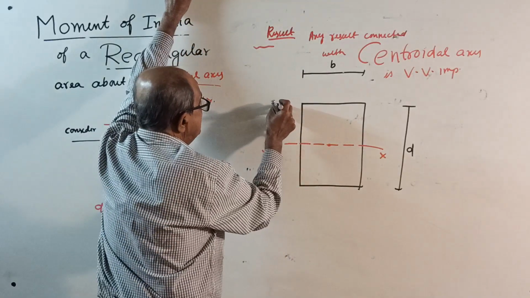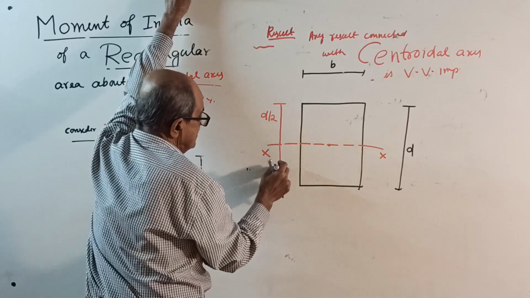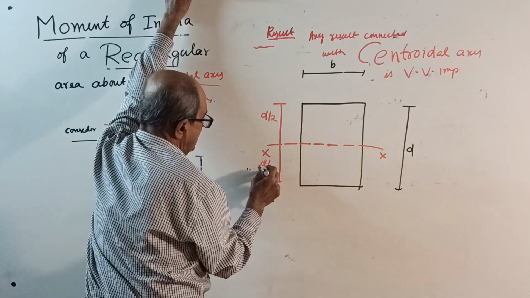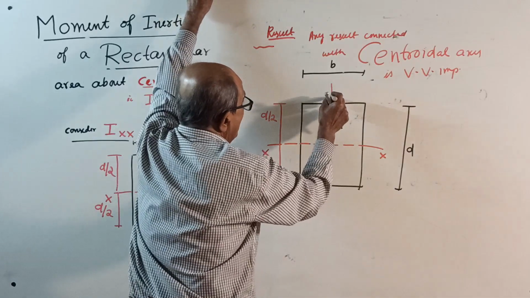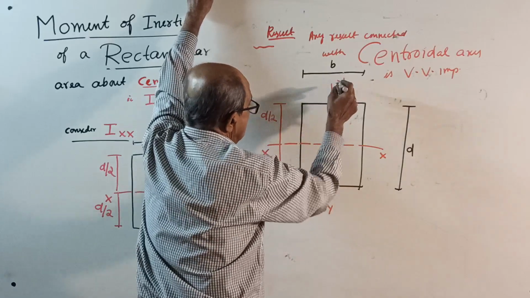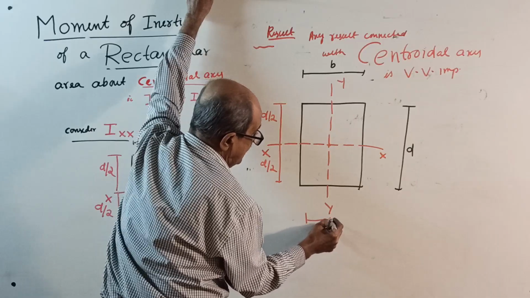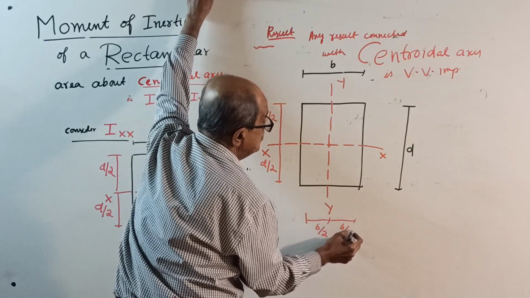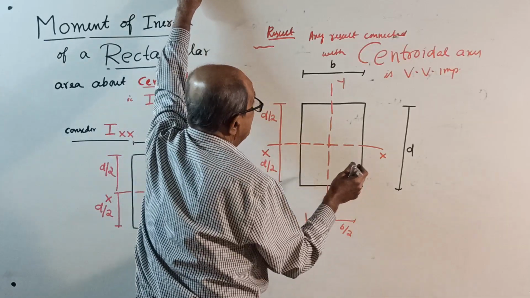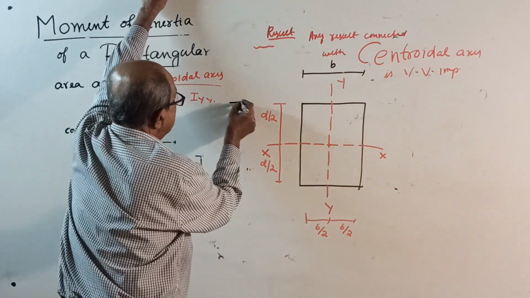So this distance is D by 2. This also is D by 2. Same way, draw an axis through the centroid, vertically, YY. This is b by 2 and this also is b by 2. Now you can write the d here, to understand, I'll put d here.